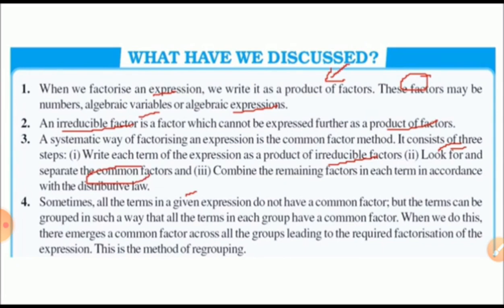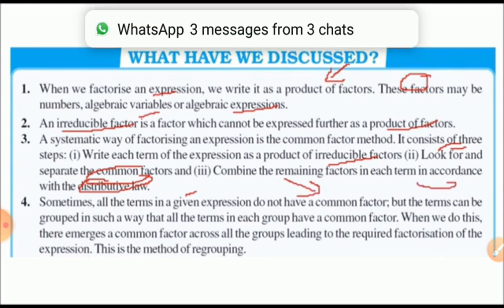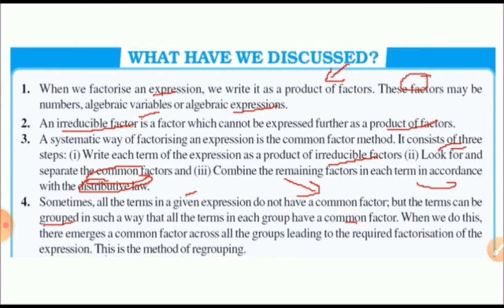Look for and separate common factors and combine the remaining factors in each term in accordance with the distributive law. Sometimes all the terms in a given expression do not have a common factor, but the terms can be grouped in such a way that all the terms in each group have a common factor.